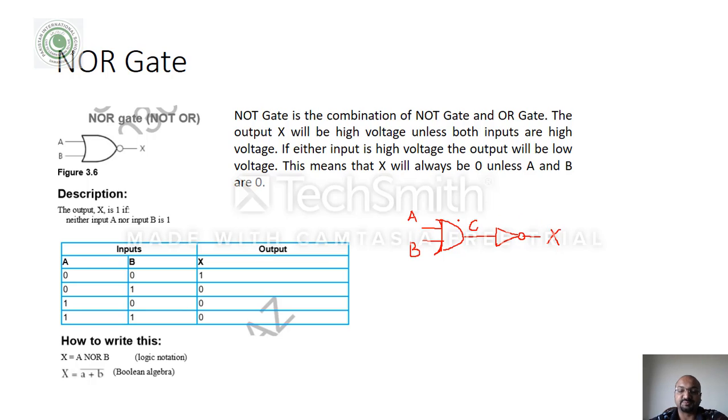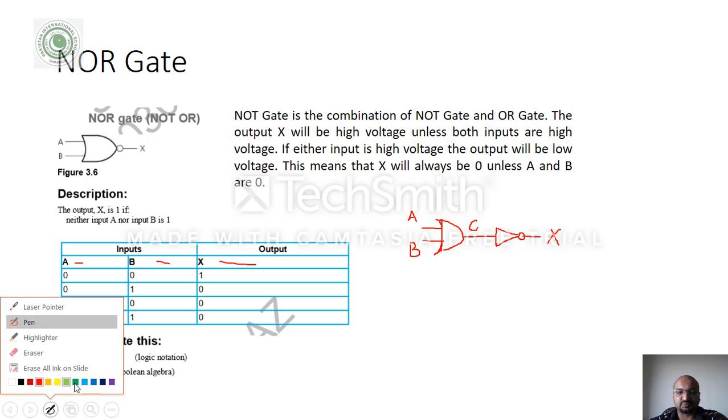When both inputs are 0 and 0, both are low voltage, so the OR gate output will be low voltage, and here the low voltage is converted into high voltage. That's what this statement tells. Let me draw this one.